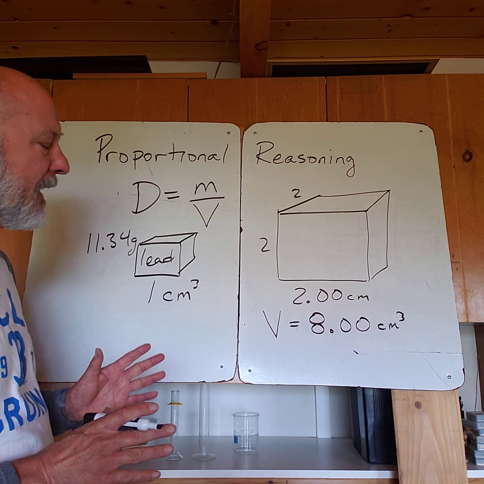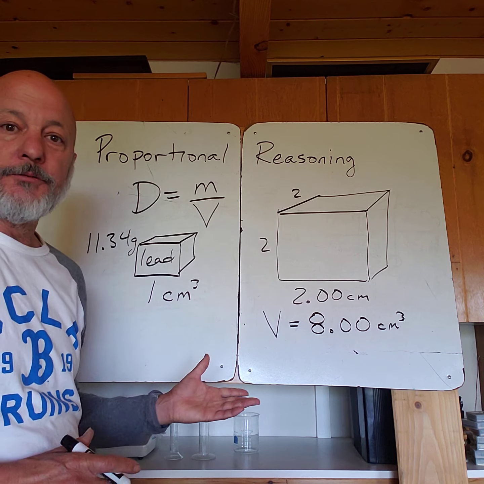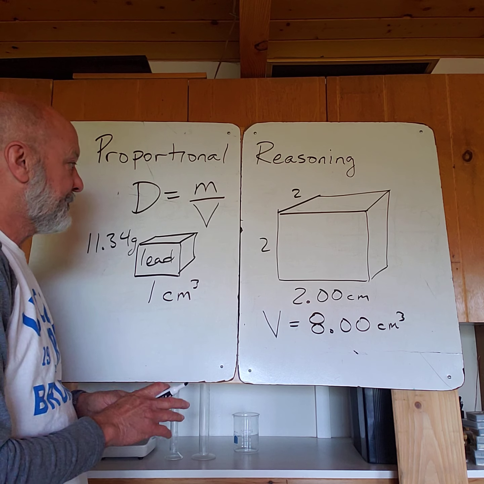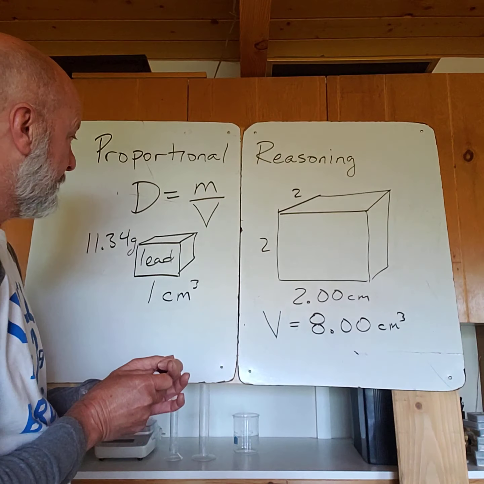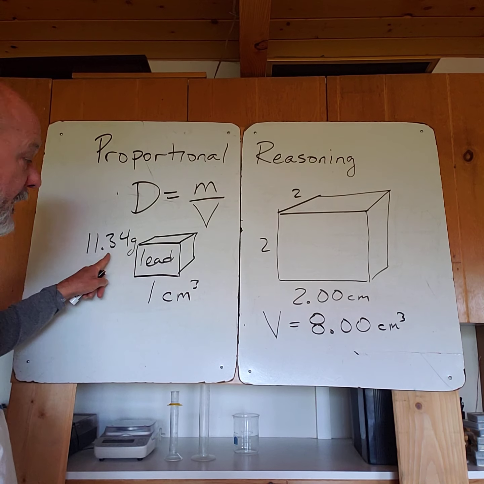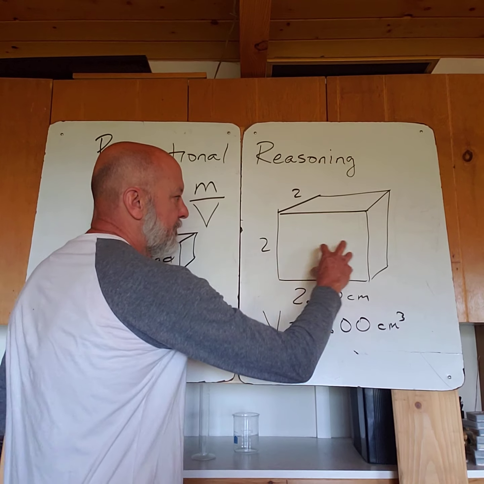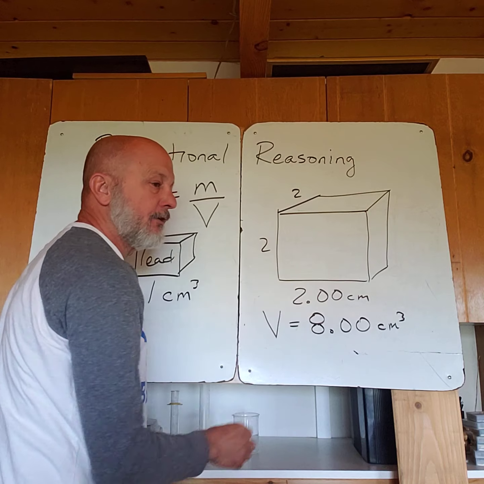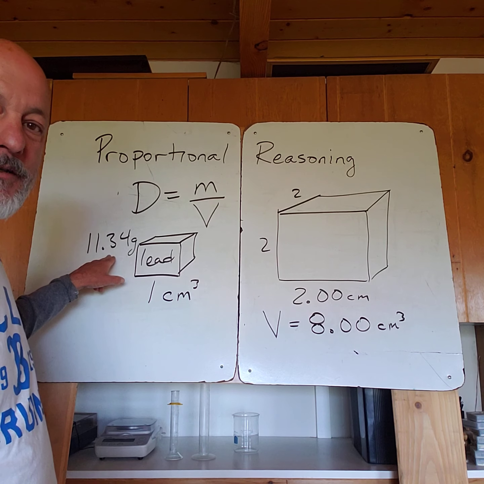Now we're doing proportional reasoning, and we don't even have to plug it into a ratio. If 1 cubic centimeter has a mass of 11.34 grams, and I have 8 of those cubic centimeters in this bigger cube, I have 8 times the volume, therefore I have 8 times the mass.